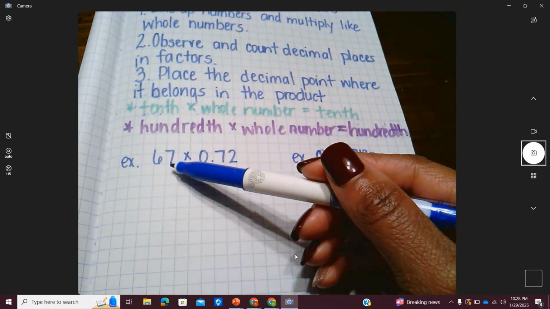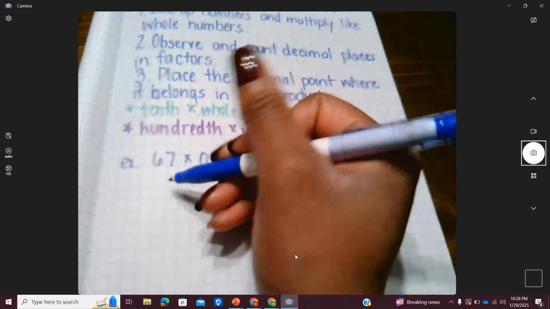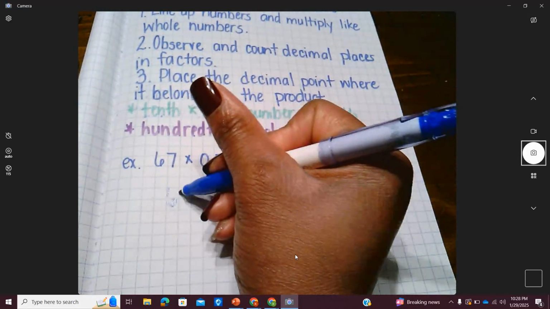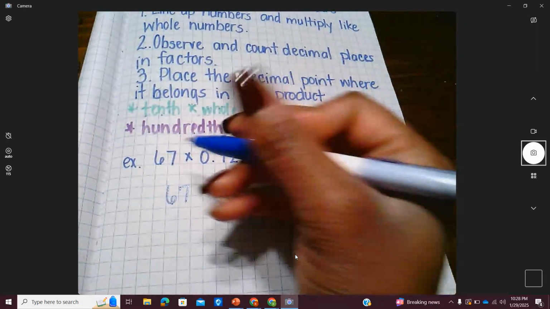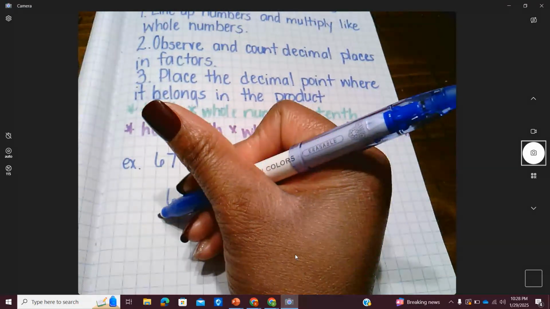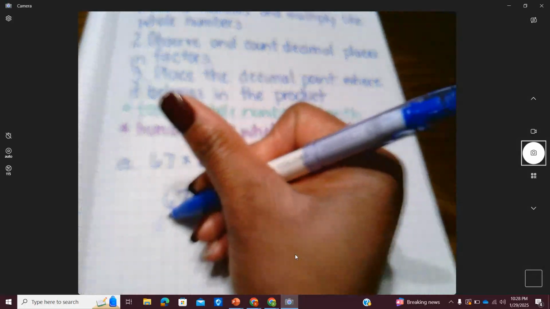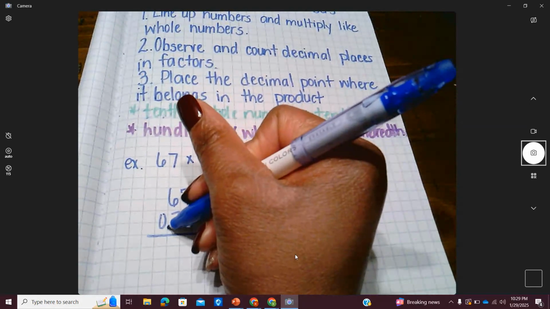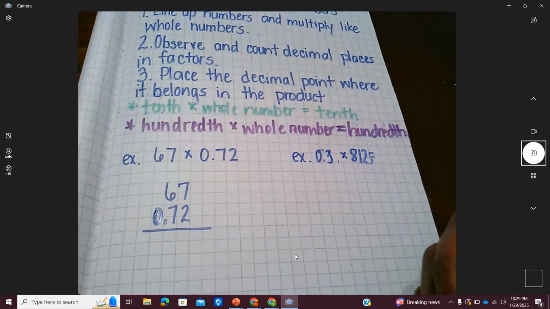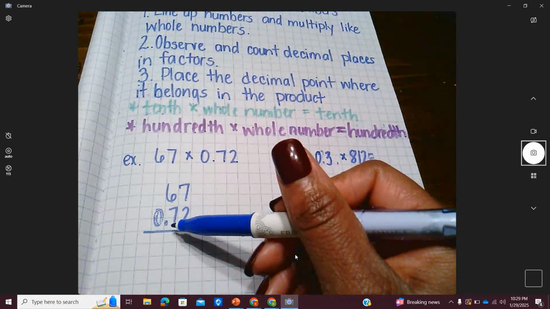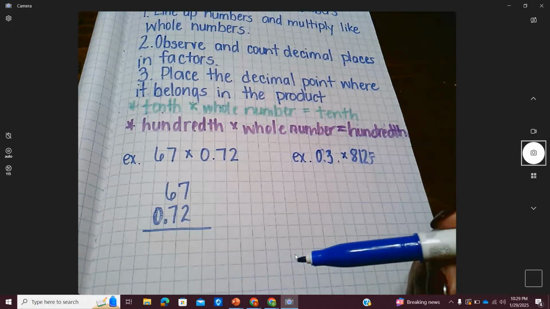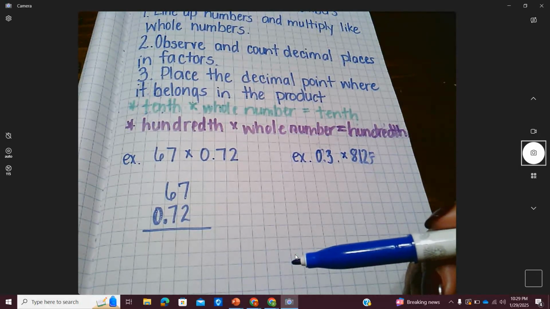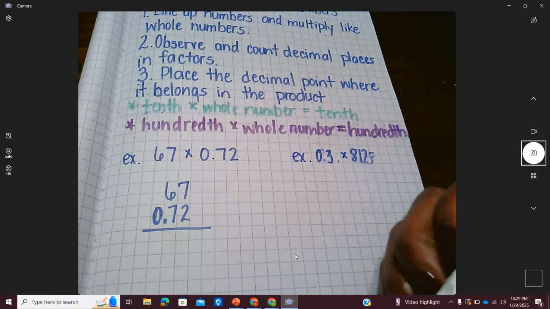This has 2 digits, and this also has 2 digits. So I'm going to put 67, and then I'm going to put my 72 hundredths on the bottom. Right now I'm not going to worry about this decimal point. I'm just going to multiply like I normally would multiply two whole numbers.